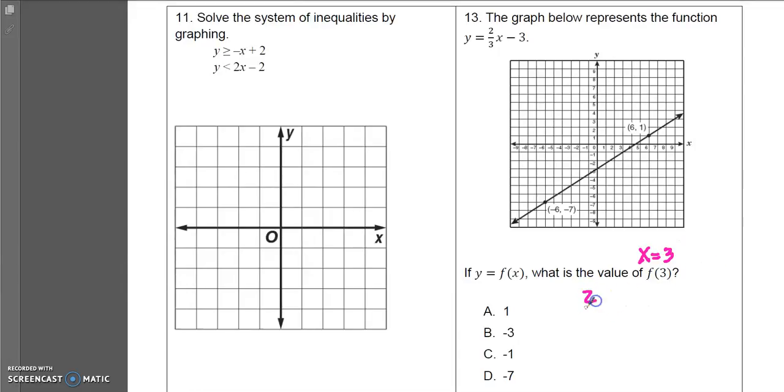I could plug it into my x in my equation and figure out what my answer is. And that would give me 2 minus 3, which is -1. Or I could have just gone straight to the graph, and if x is 3, here's 3, I would go down till I hit my line. Well, that's at -1. So either way, my answer is going to be C, which is -1.